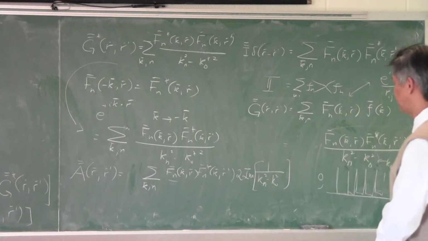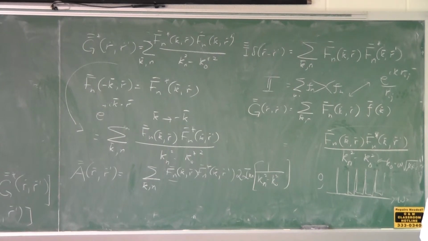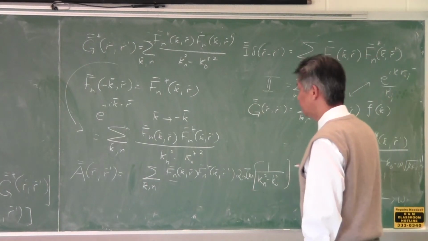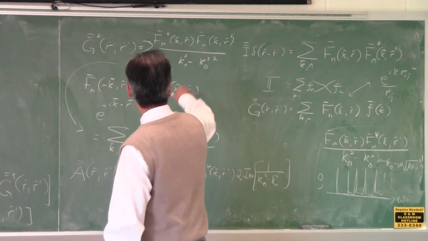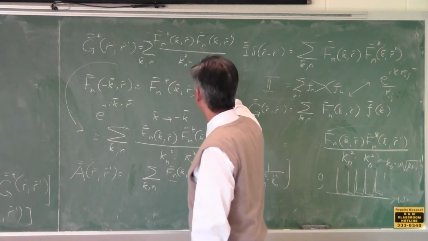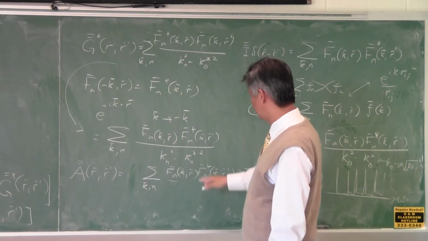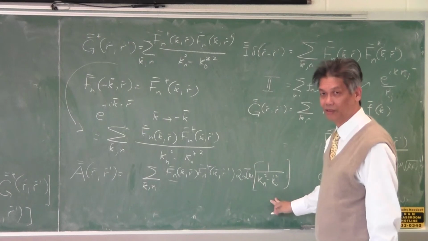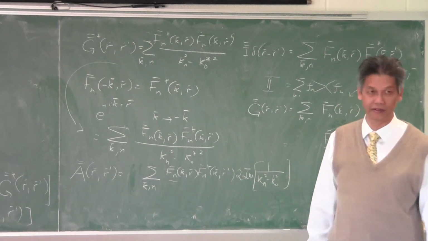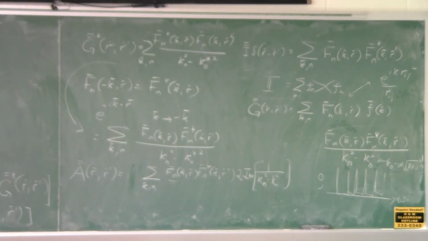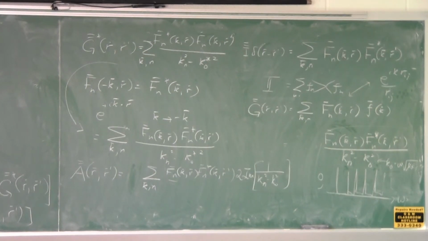So that is the spectral Green's function. I just take this one and subtract it by this one. There's a conjugation there. If I take this conjugation into account, it's just like taking 2 times the imaginary part of that. That is my spectral Green's function. This corresponds to a system that can always be in time harmonic motion, and I can relate this system to quantum mechanics quite readily.